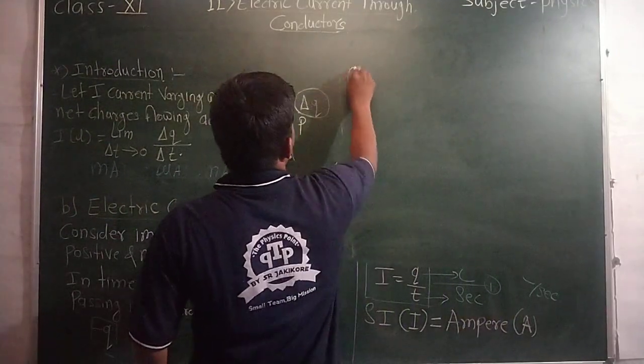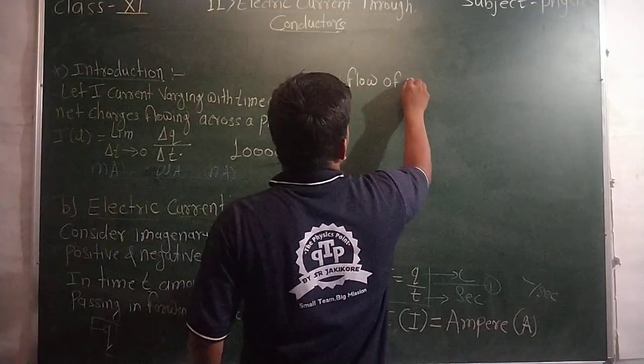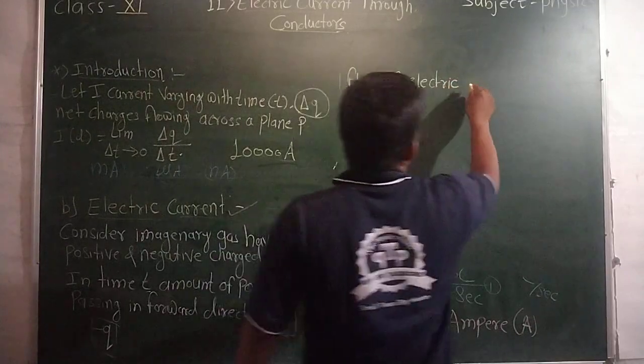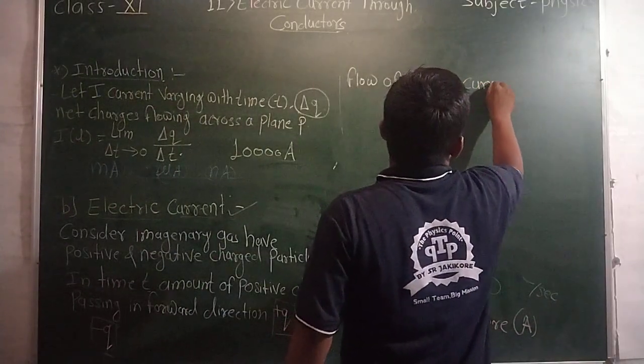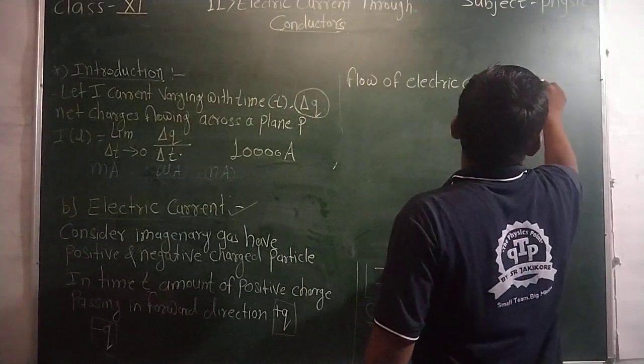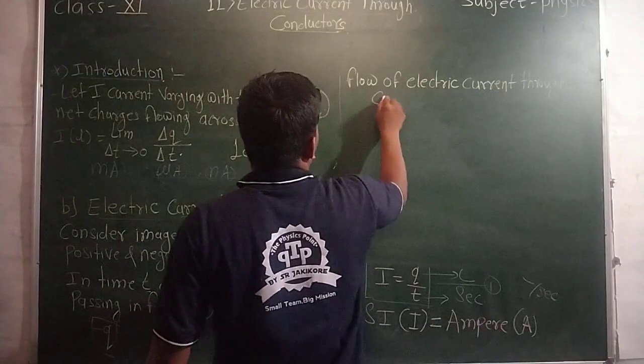Flow of electric current through conductor.